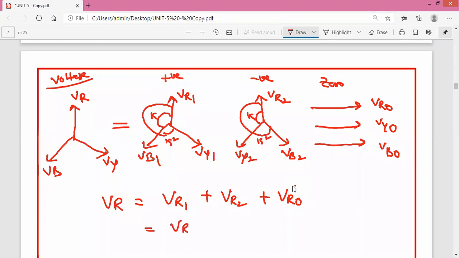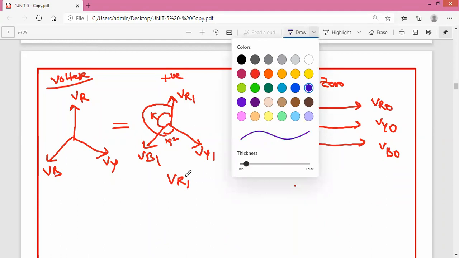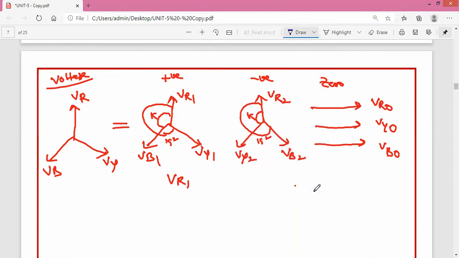I am writing for only the R phase, and the Y phase I am replacing in terms of the R phase.